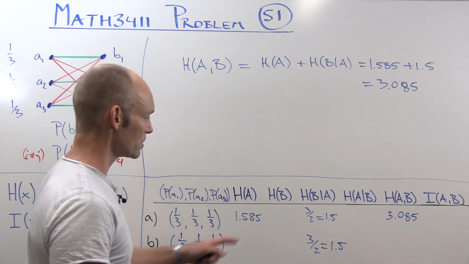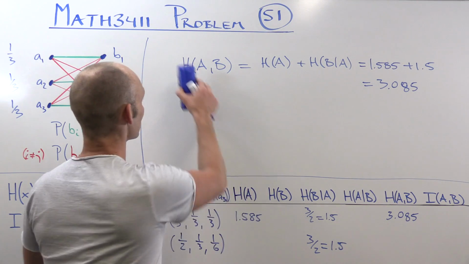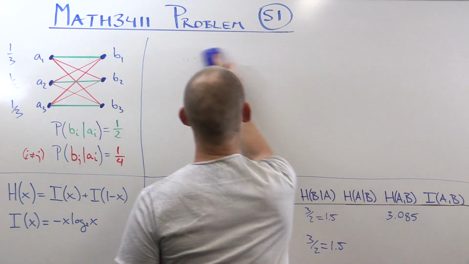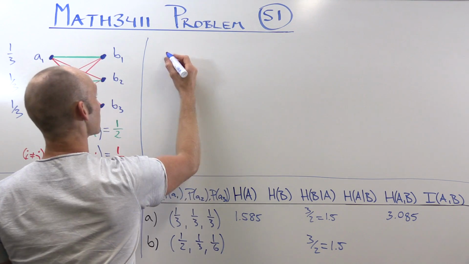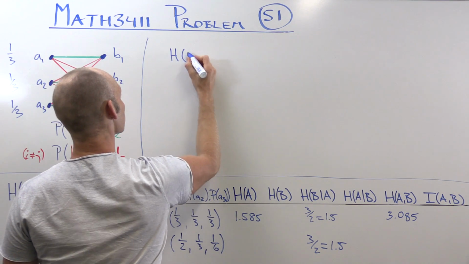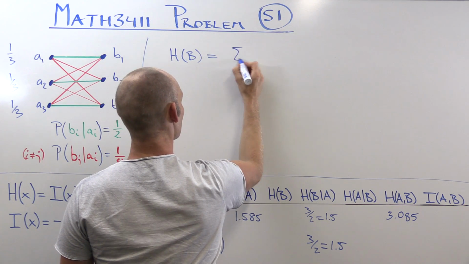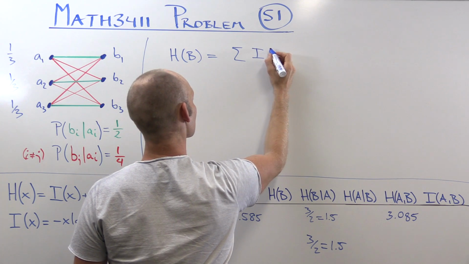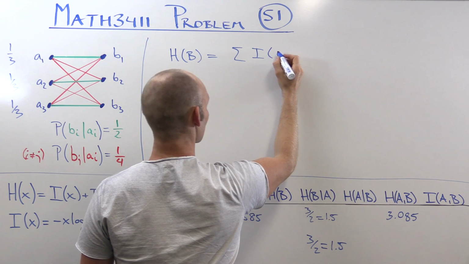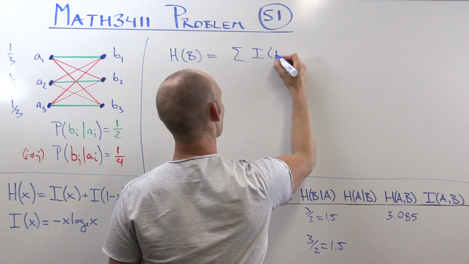So, to get more numbers in the top row, let's look at the entropy of B. That's equal to, again, the sum of these probabilities P of b_i.